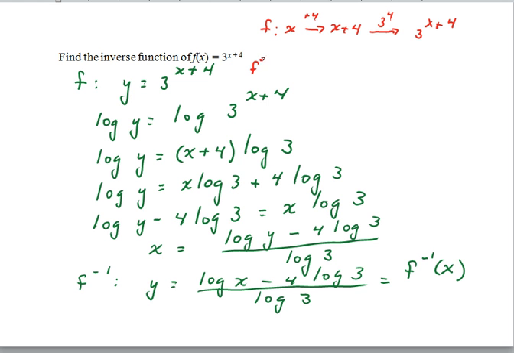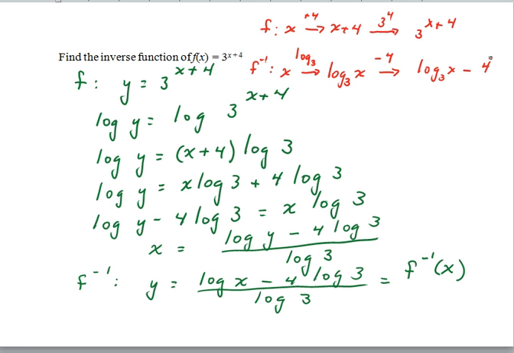So the inverse function starts out by doing the inverse of exponentiation base 3, which would be log base 3. So we'd start out with log base 3 of x, and then instead of adding 4, we would subtract 4, and we'd get log base 3 of x minus 4.